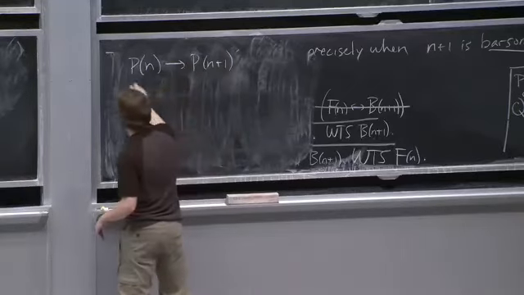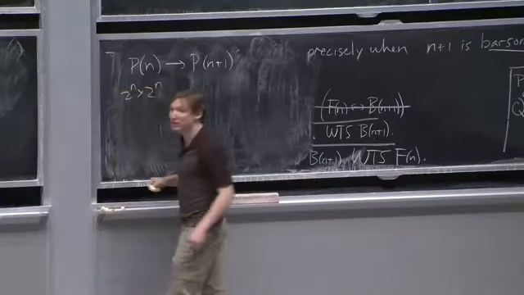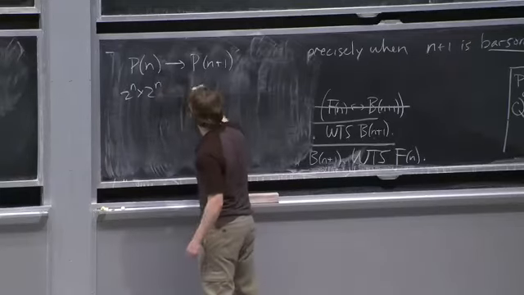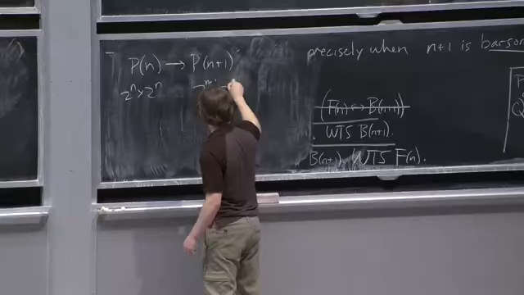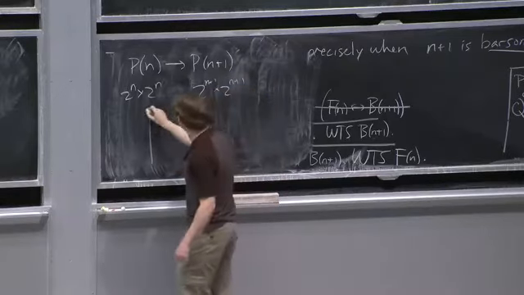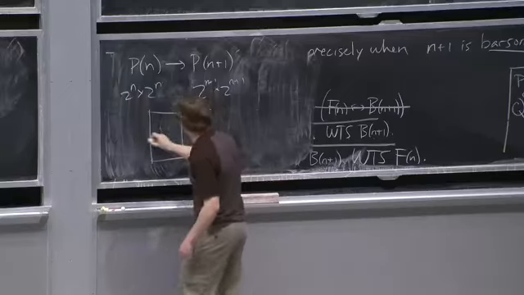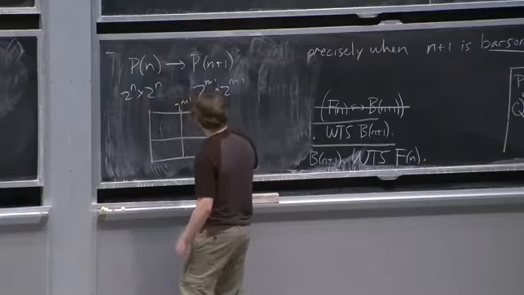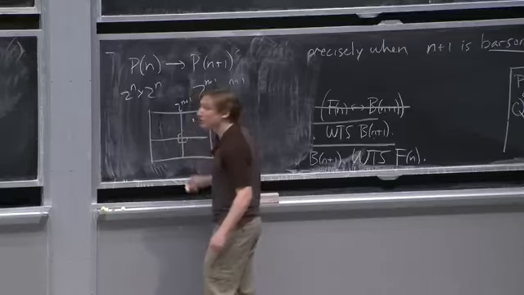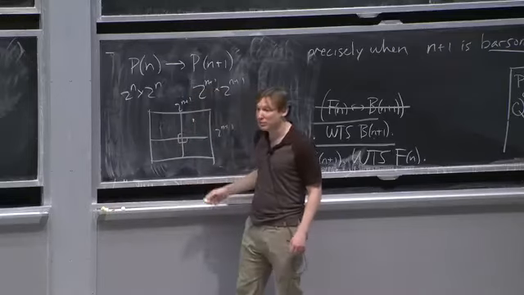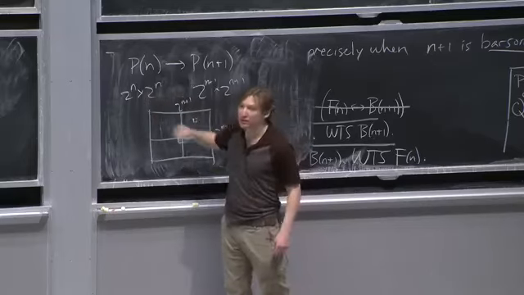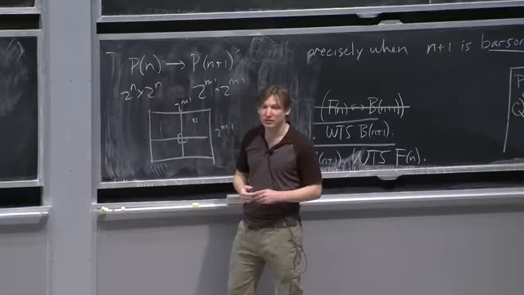If you can tile a 2 to the n by 2 to the n, missing 1 cell, then you can tile a 2 to the n plus 1 by 2 to the n plus 1, missing a tile, using our strategy of taking the 2 to the n plus 1 by 2 to the n plus 1 and cutting it into 4 quadrants of 2 to the n by 2 to the n. Put an L in the middle, make sure each quadrant is missing a cell, invoke the inductive hypothesis.